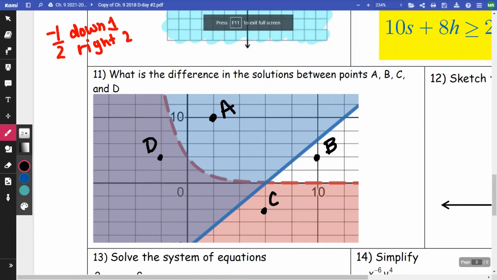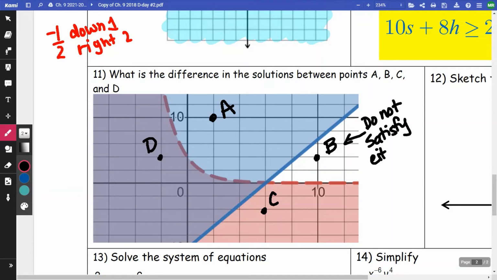This section right here, B, these points do not satisfy either inequality.